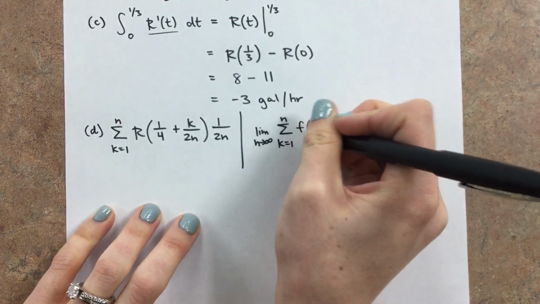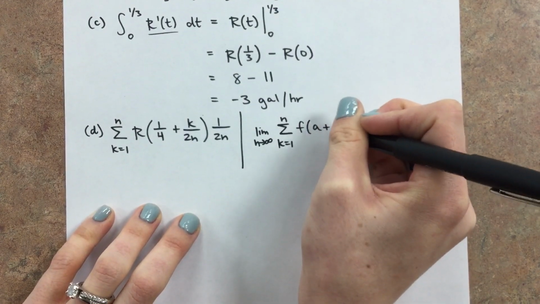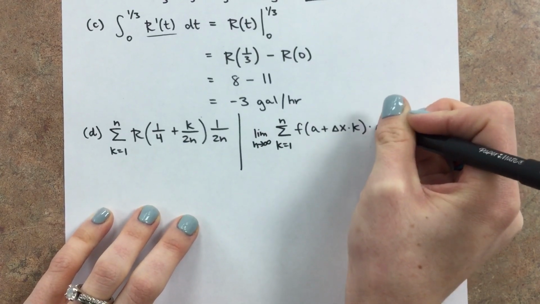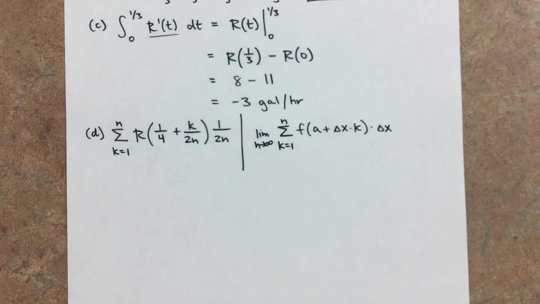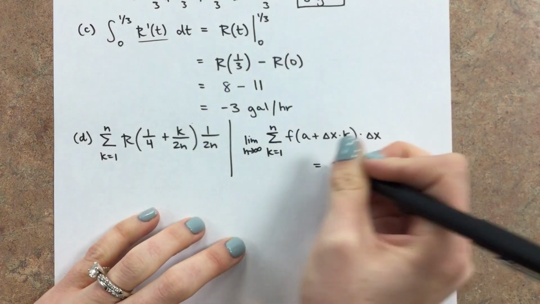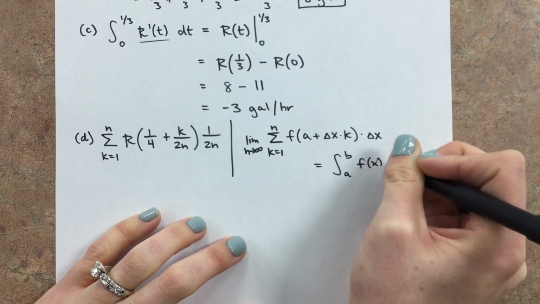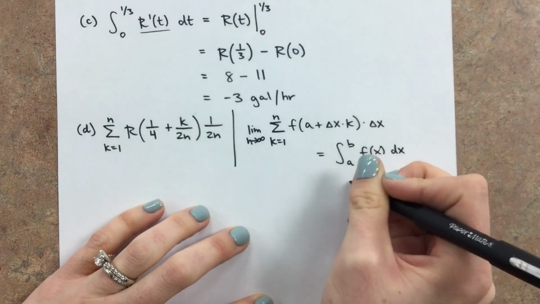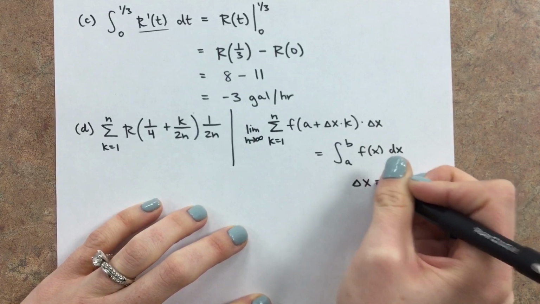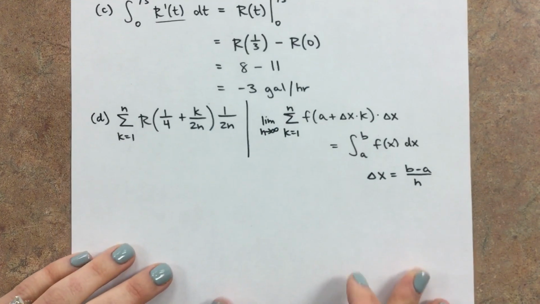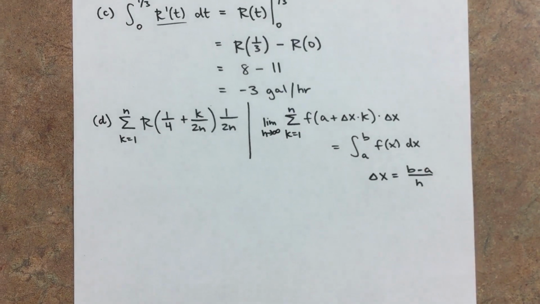Inside the sum, we write f of a plus the change in x multiplied by k. And then on the outside, we multiply that by the change in x. So what that ends up equaling is a definite integral, just like part D says, and it's this definite integral right here. So one other thing to put in a definition is that delta x is always defined as b minus a over n. So just looking at this, we're going to be able to gather up a couple of things.